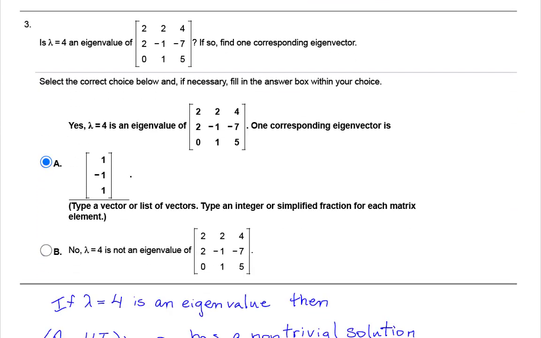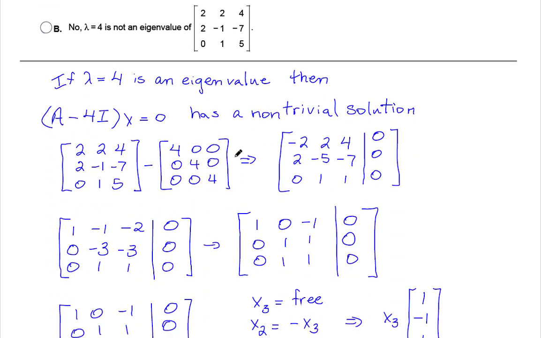All right, so here in question 3, they're giving us a matrix A, and they want us to know if lambda equals 4, is that an eigenvalue? And if it is, what is the corresponding eigenvector? Well, let's see.